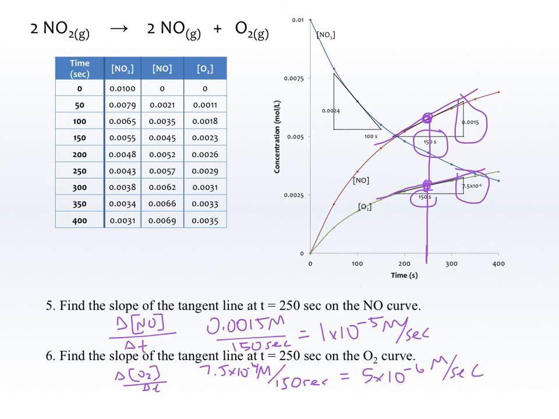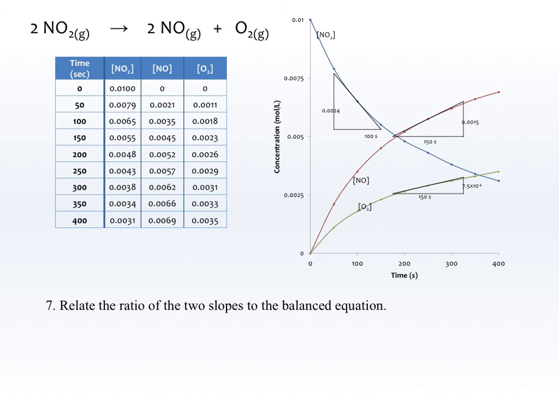Hopefully you did. So now we're going to relate the ratio of the two slopes to the balanced equation. So let's again look at those two slopes. For the NO curve, that was 1 times 10 to the negative 5. And for the O2 curve, 5 times 10 to the negative 6.